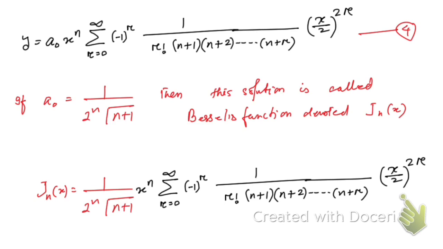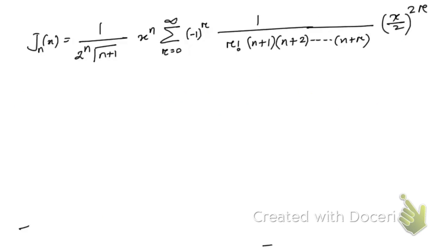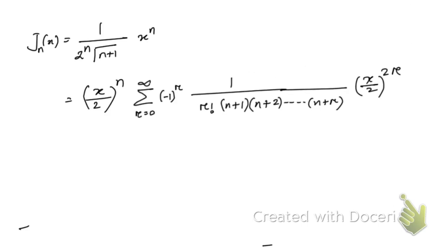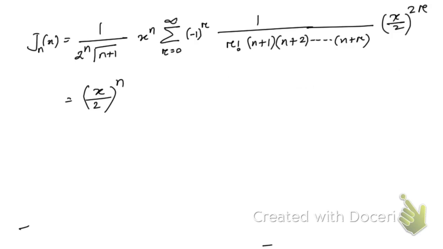Hope you have understood this. Now here you see x to the power n, 2 to the power n, so we can write this as x by 2 whole to the power n, then the summation. Let me write this one here.